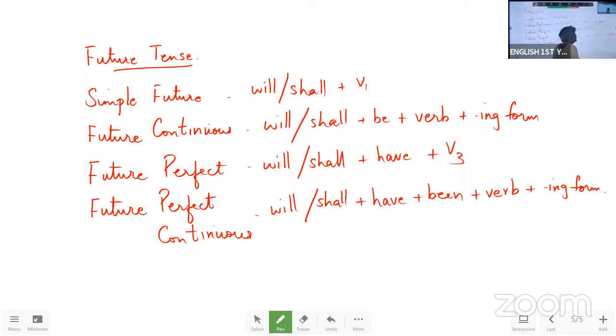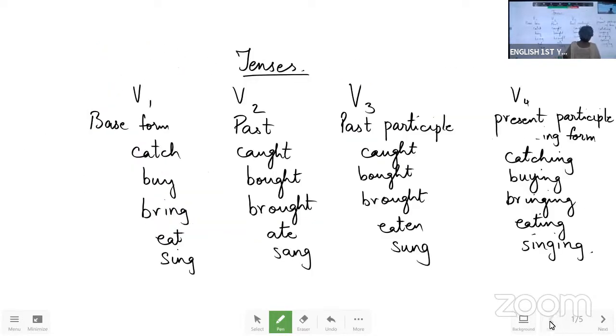If you remember this table, children, it is very easy for you to write. I've been telling you since the beginning how to go about it. First thing you should know is how to convert V1 to V2, V3.